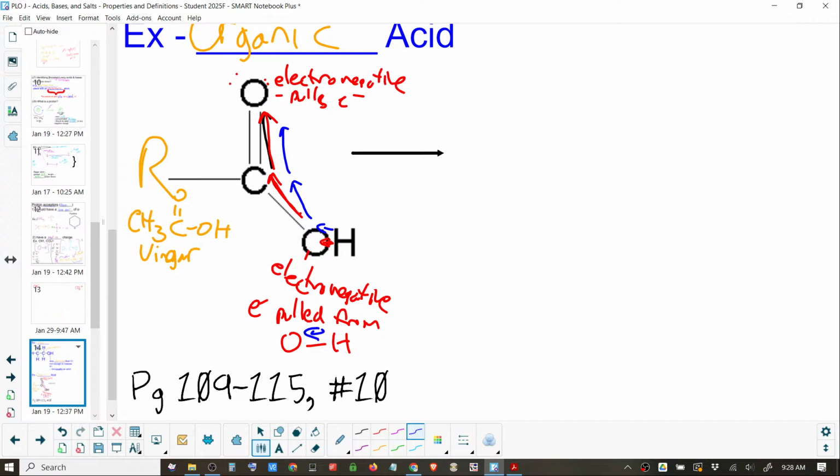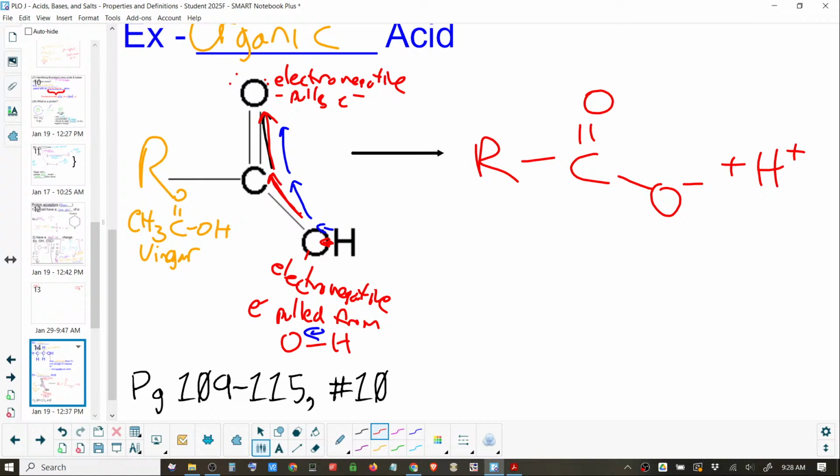And this is why this is known as an organic acid, because then you get R, C double bond O, O minus, plus H plus. Now, R, C double bond O, OH, and R, C double bond O, O minus.